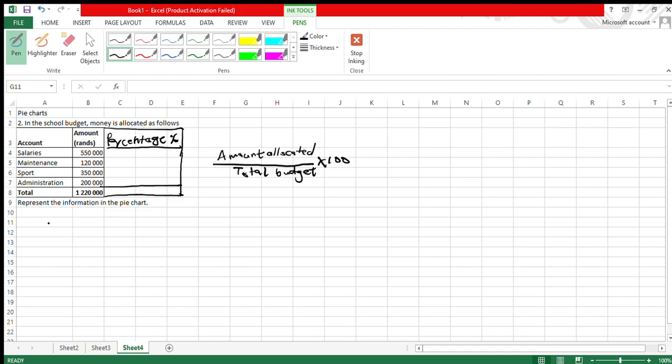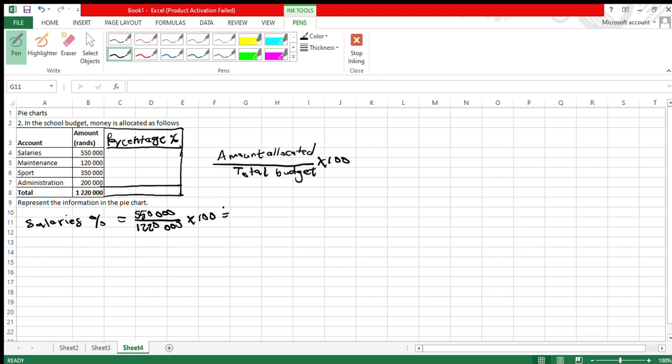Now let's start with the salaries account. Salaries in percentage. That means you're going to have 550,000 allocated divided by the total budget of about 1.2 million, multiplied by 100.